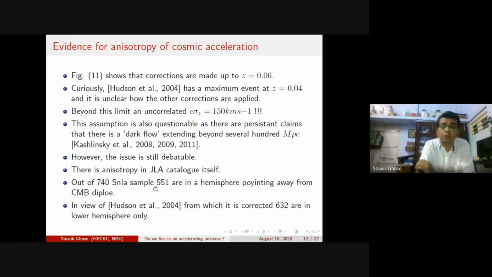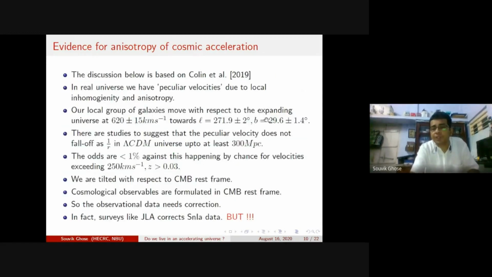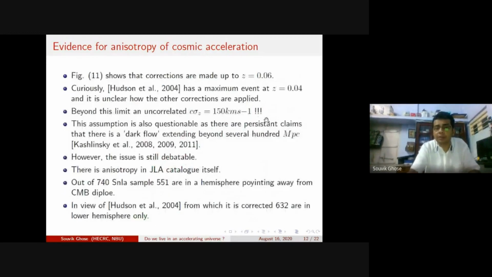Out of 740 supernova samples, 551 are in the hemisphere pointing away from that CMB dipole direction I was talking about, this direction. In view of the Hudson paper, it seems that out of the 746, 32 are in the lower hemisphere only. So whatever compilation they have, it is very, very anisotropic.